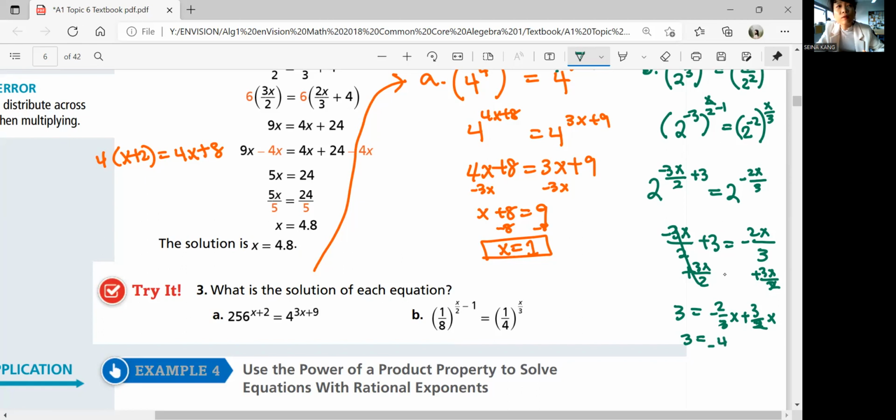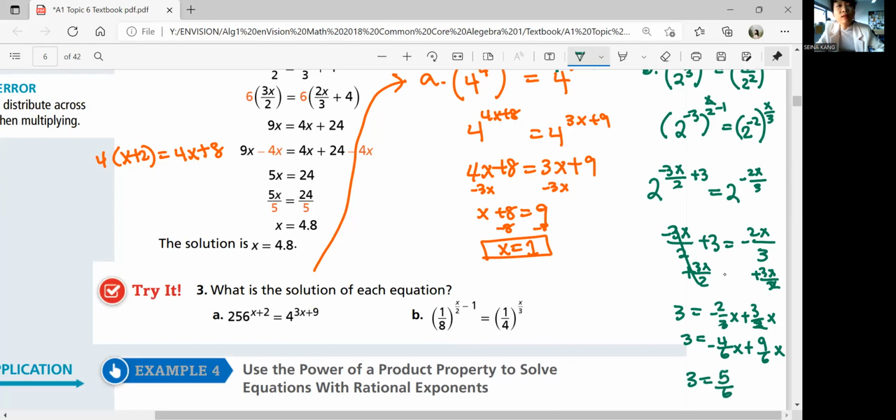So negative 4 over 6x plus 9 over 6x, just multiply by 3 on the top. 9 minus 4 is 5.